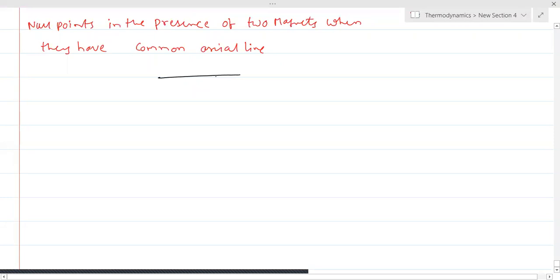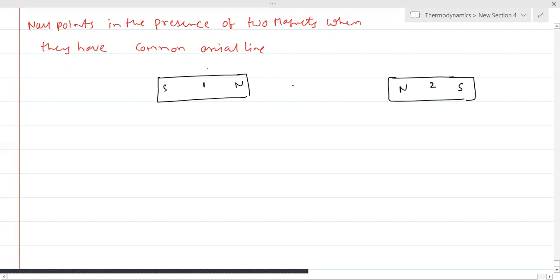For example, I am taking this as a bar magnet. This is S and this is N. And this is another bar magnet. This is N, this is S. So at this point, this is the first magnet and this is the second magnet.